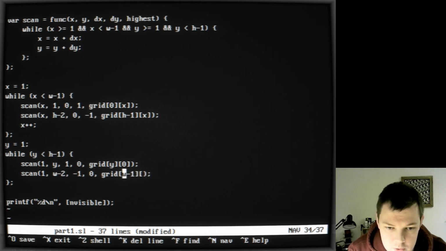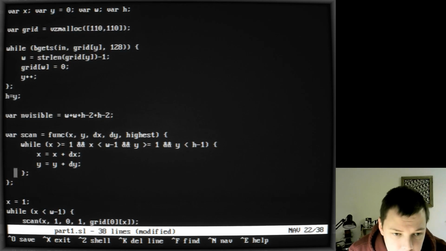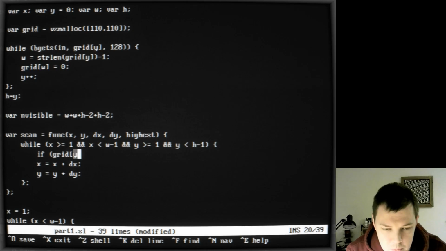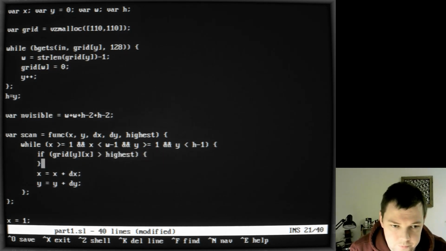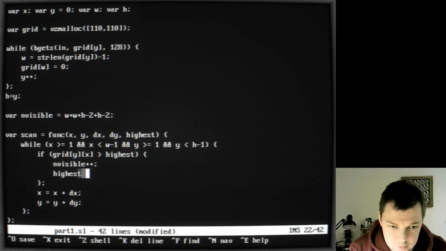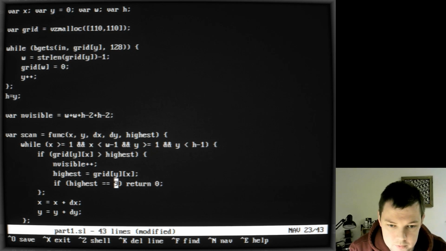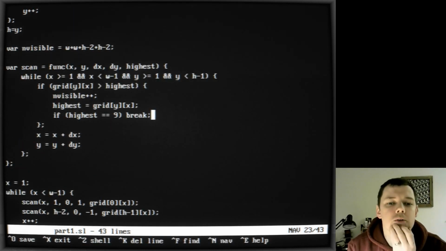No, sorry, grid y x-1. Why did I struggle with that? If the grid yx is greater than highest, invisible plus plus. Highest equals grid yx, if highest equals 9. Right. Okay. Maybe that's it. Maybe that is all.